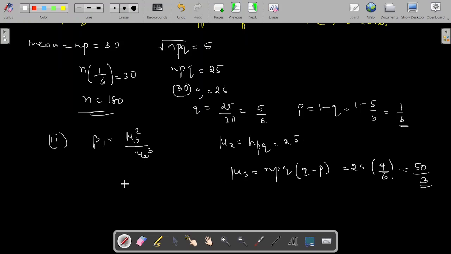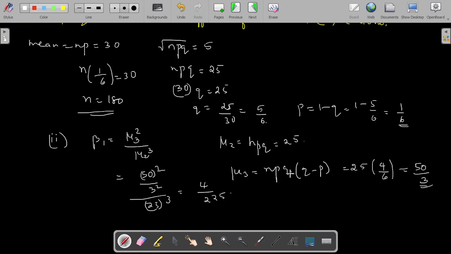Now substitute those values here. Mu 3 square, that is 50 by 3 whole square, 50 square by 3 square, whole divided by mu 2 cube, 25 cube. After simplifying this, we will get 4 by 225. This is beta 1.